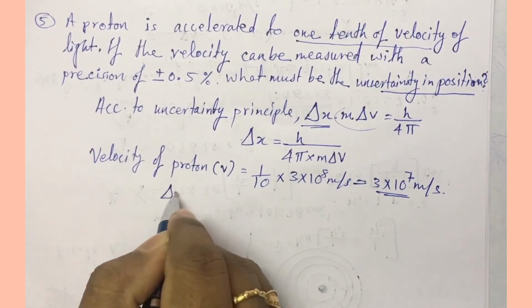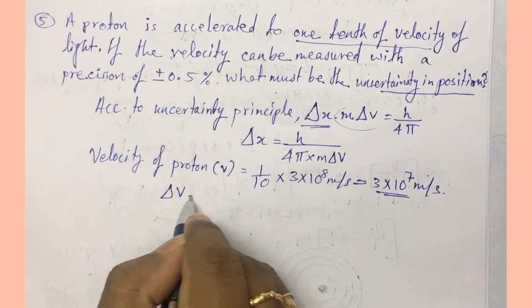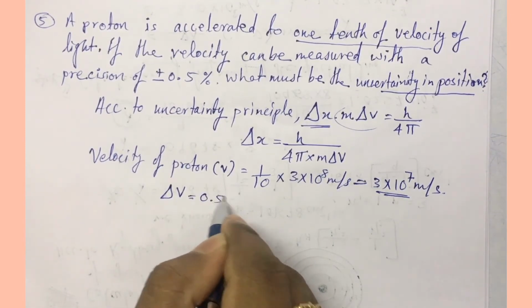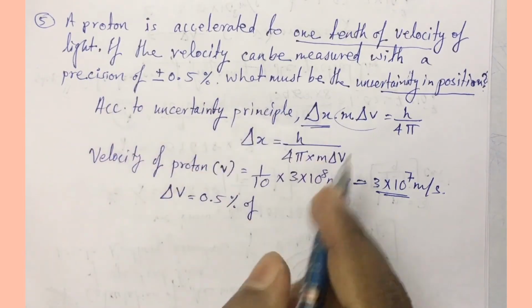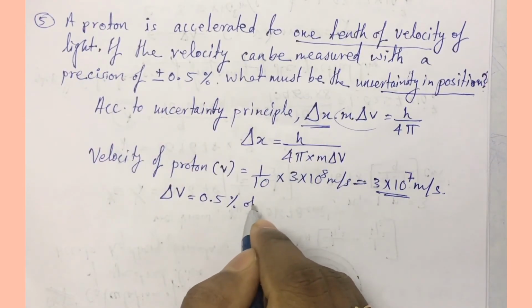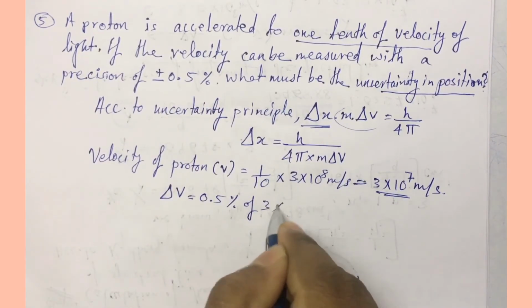So delta v, therefore we can find, delta v is 0.5% of the velocity of the proton, isn't it? So that is 0.5% of 3 into 10 raised to 7.